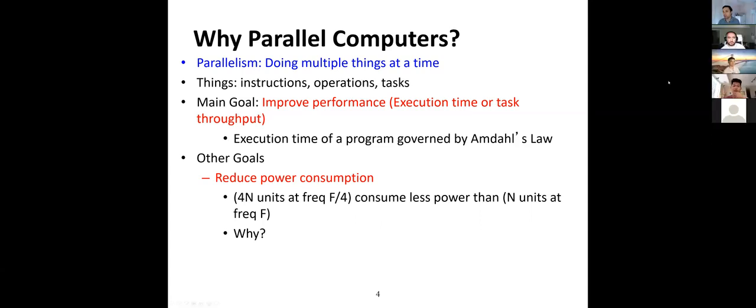Yes, go ahead. I think it's because the chips end up being smaller, so the signals have less distance to traverse. That's correct, but why wouldn't it be linear? Why wouldn't it be that as I reduce the size of the unit and proportionally increase the frequency at which I operate, the power stays constant?